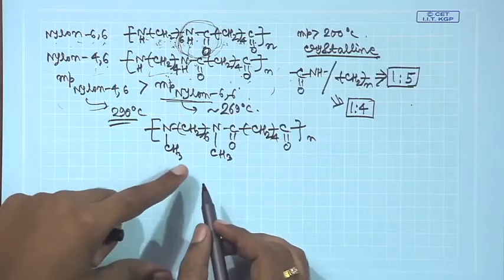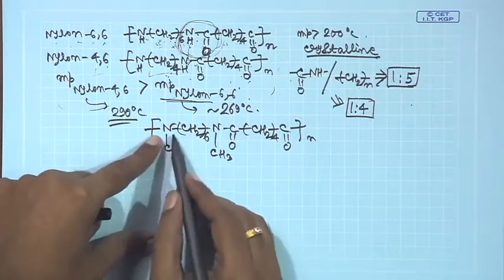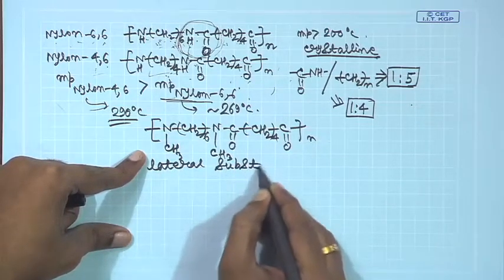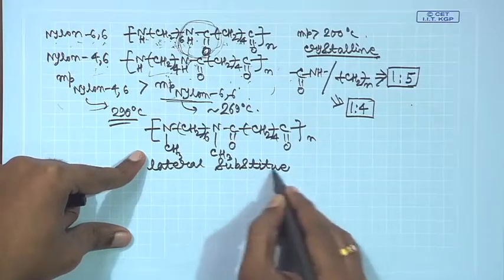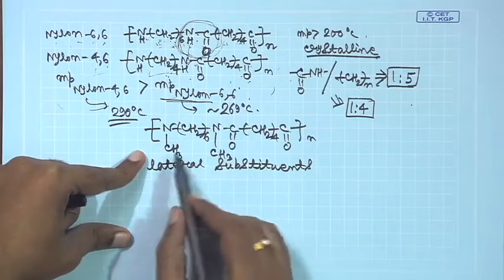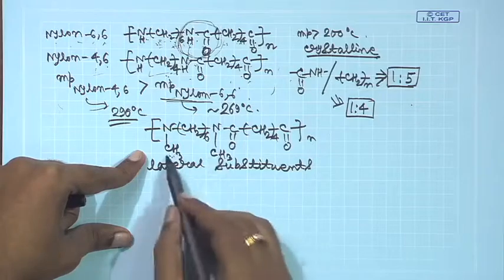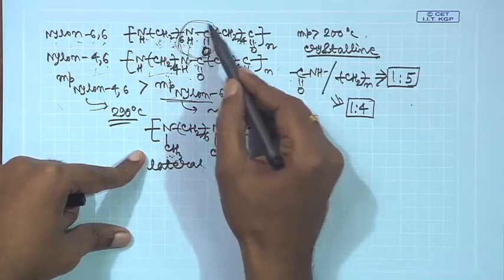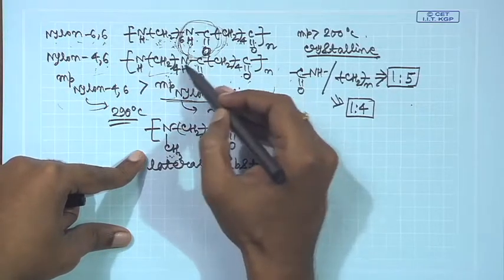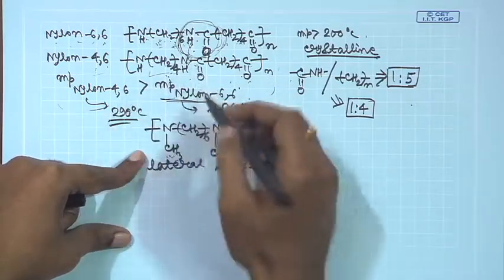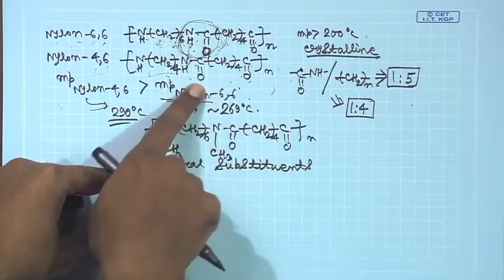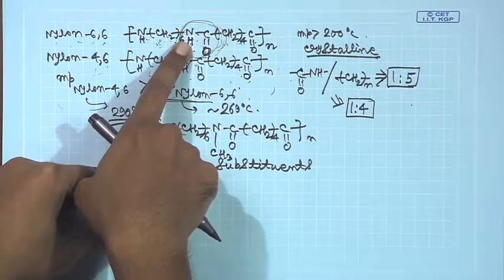So, what happens if you replace the hydrogens with CH3 units? You are putting lateral substituents on the nitrogen of the amides. Now, these lateral substituents will destroy the possibility of hydrogen bonding, because for the amide unit, the NH hydrogen can be donated to the carbonyl of another amide link. If one chain has this amide unit and another chain has an amide unit, there will be hydrogen bonding between the carbonyl oxygen of the other unit and the hydrogen of this unit.